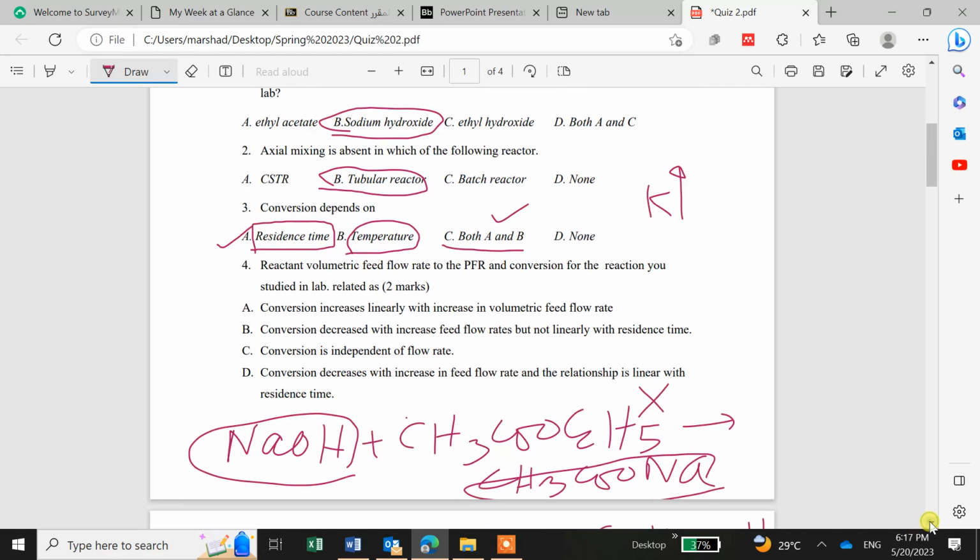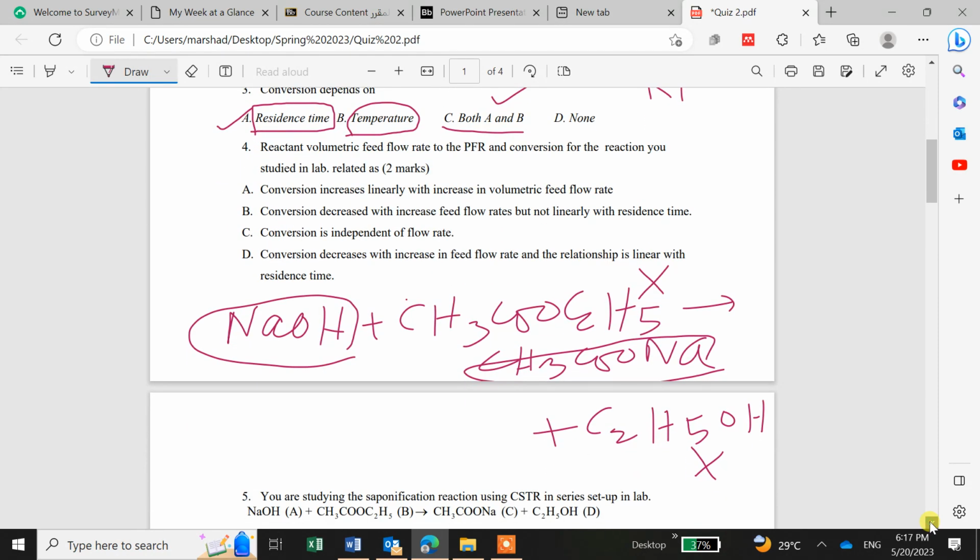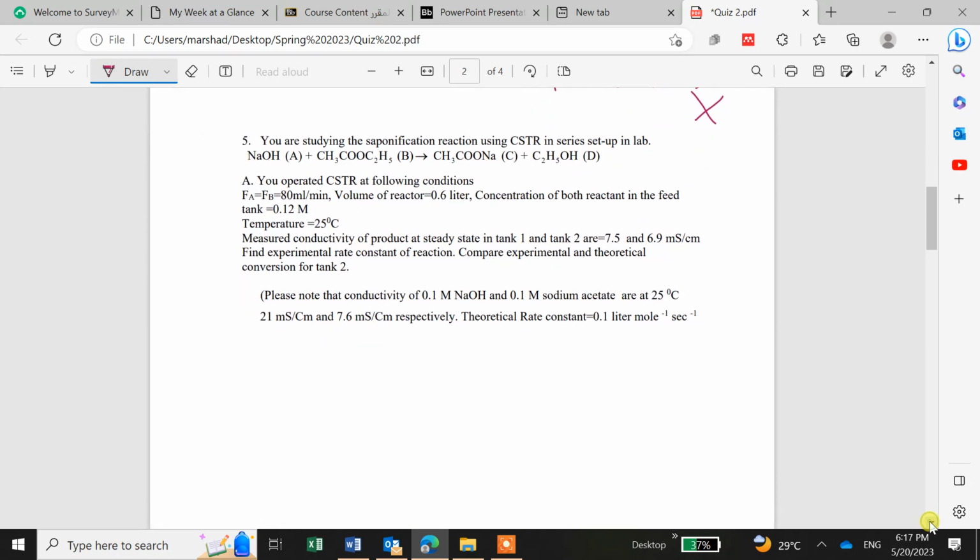Now, feed flow rate to conversion. This is what we did in the PFR and also in the CSTR. When we decrease the flow rate, the residence time increases, since residence time is the volume of the reactor divided by the volumetric flow rate.